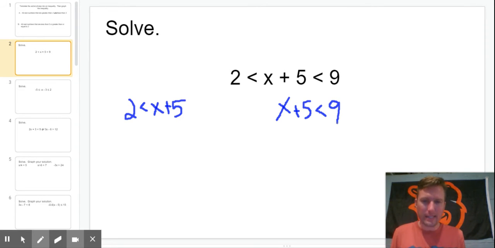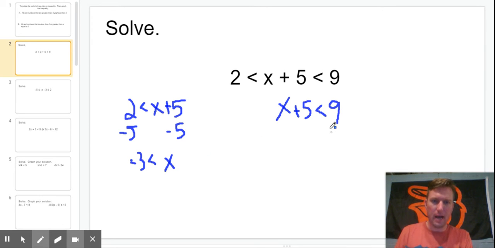So now I have these 2 inequalities. What I would do is solve for x. In order to get x by itself, I'm going to subtract 5 from both sides. I'm going to subtract 5 from here, and I'm going to subtract 5 from here. What I'm left with is 2 minus 5, which gives me negative 3. And I'm going to keep my sign because I did not multiply or divide by a negative.